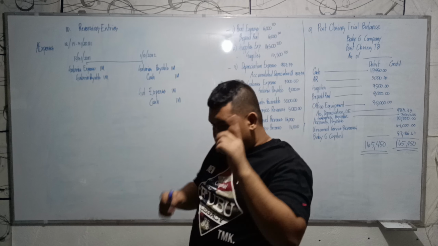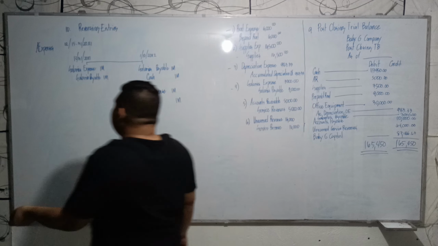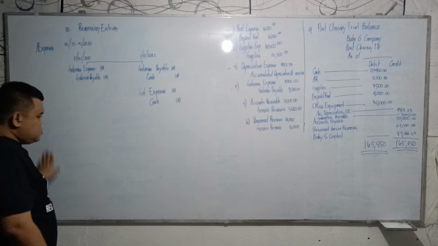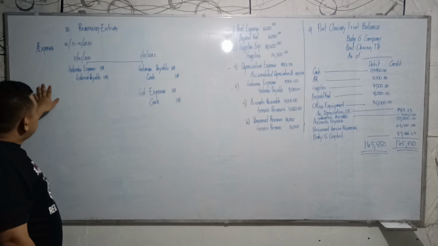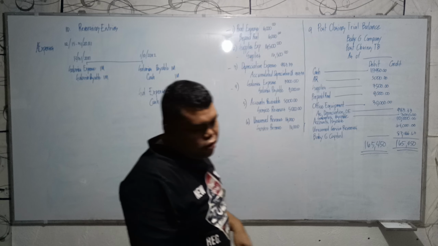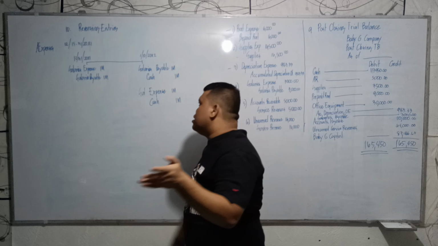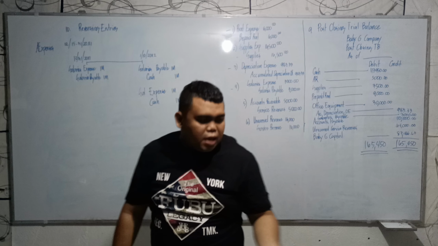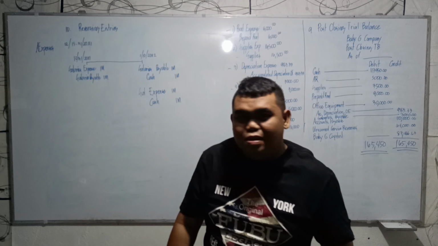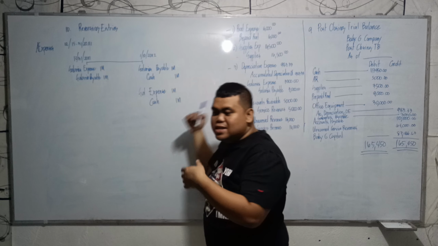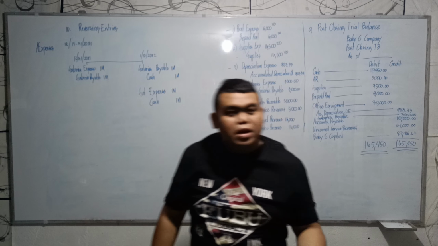Okay? Now, imagine, you have a lot of accrued expenses. Some of which you have accrued, some of them were not accrued. There are a lot of accruals that you have made related to accrued expenses. Could you remember all of them? Of course, sometimes you cannot remember all of them. So, normally, you will have expense, credit cash on the next year or on the next period, right?